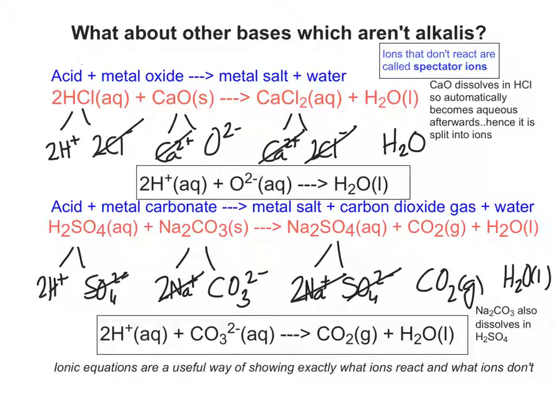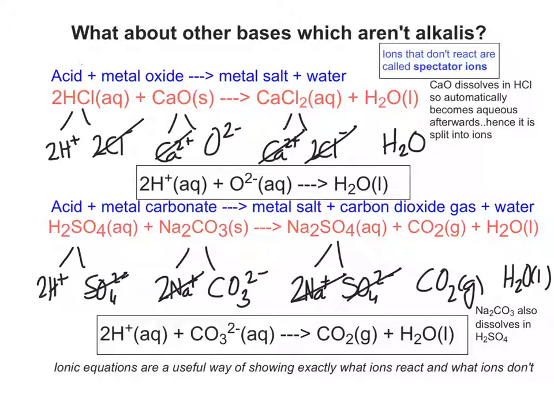And take note also of how I've split the base into its ions anyway, even though it comes as a solid. So the base in each case is calcium oxide and sodium carbonate. The reason I've split it into its ions is because on contact with acid in aqueous solution it'll automatically dissolve. As it dissolves, it'll split into its ions naturally.